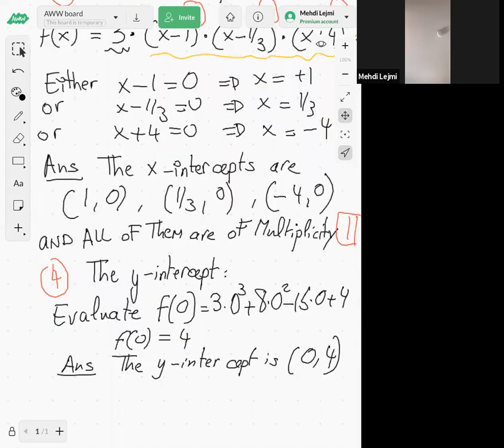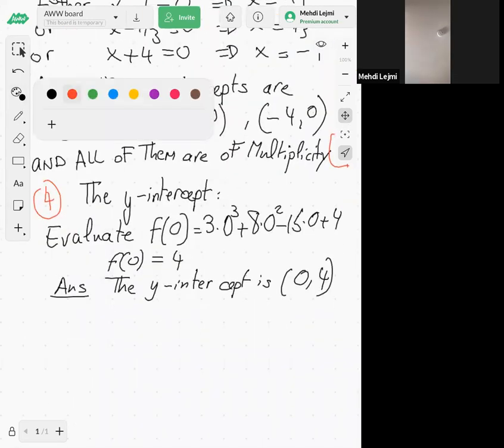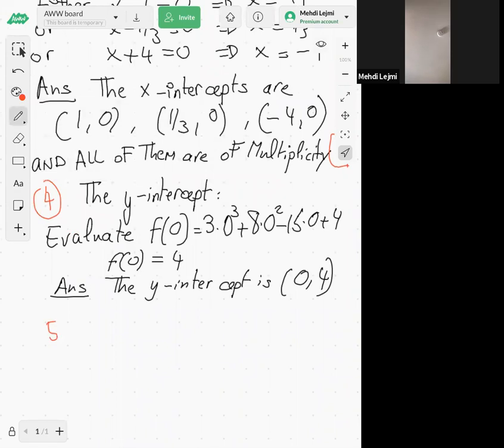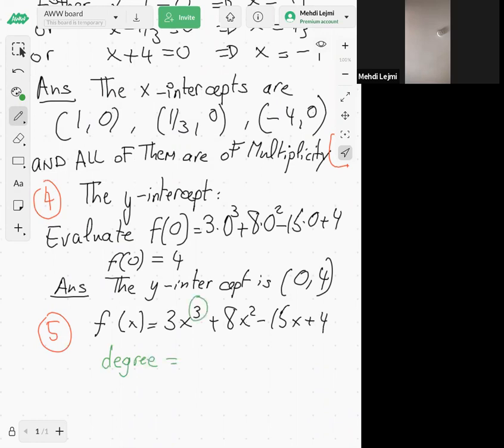Next, the behavior at infinity. Just to remind you, your f of x is 3x cubed plus 8x squared minus 15x plus 4. The degree, the highest power of x, is 3, so the degree is odd. And the leading coefficient, the coefficient in front of the highest power of x, is 3, and that's positive.